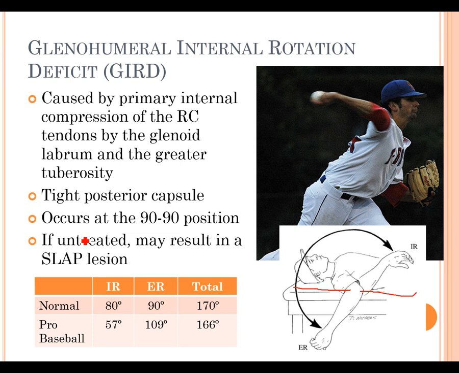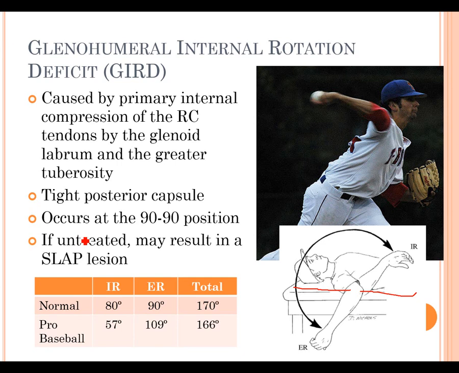The way you can tell the difference, generally speaking, is you want to measure the person's non-throwing arm and get the total range of motion. So, for example, if their non-throwing arm has 80 degrees of internal rotation, 90 degrees of external rotation, that's 170 degrees. Since it's their non-throwing arm, we'll say that's normal for them.